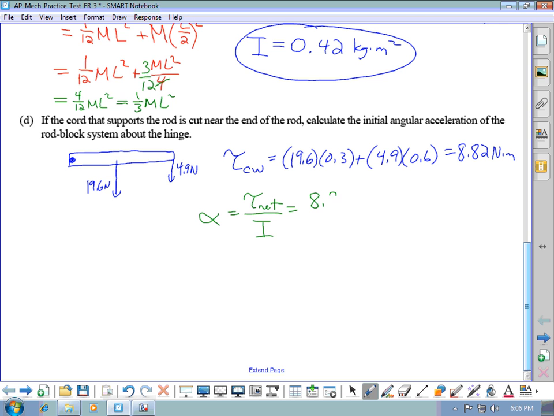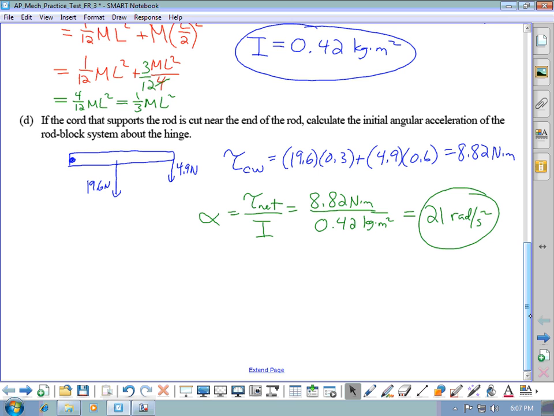So it's 8.82 Newton meters divided by the rotational inertia that we just calculated of 0.42 kilogram meters squared, which gives 21 radians per second squared. And that was the end of the problem. That was a fairly short, quick problem.